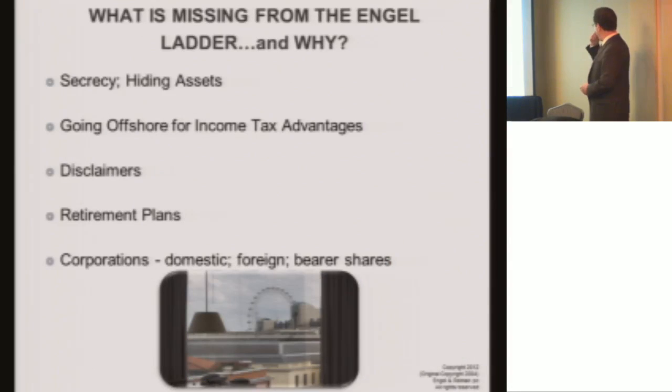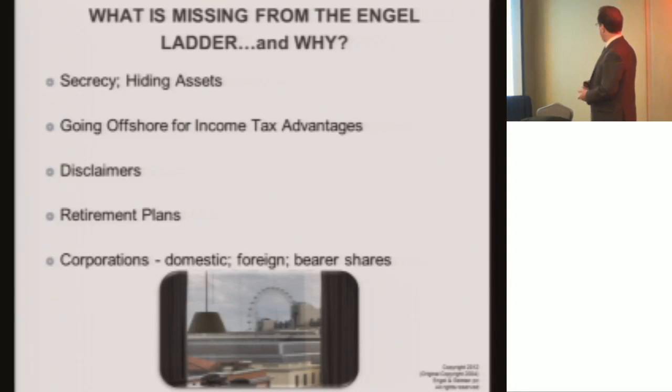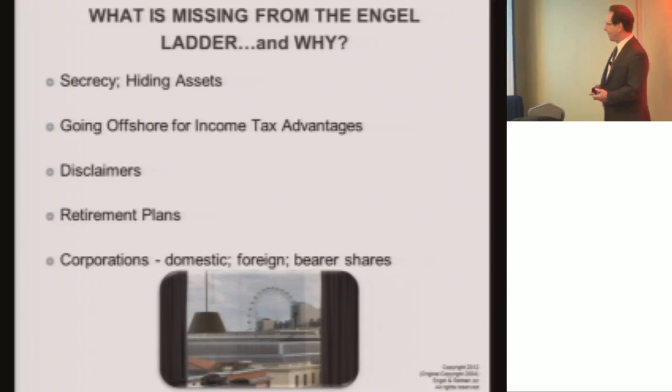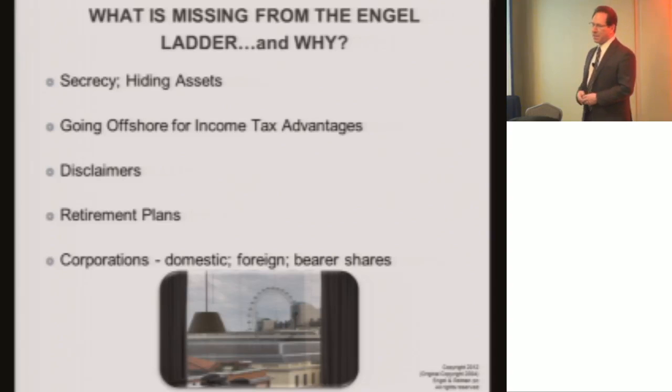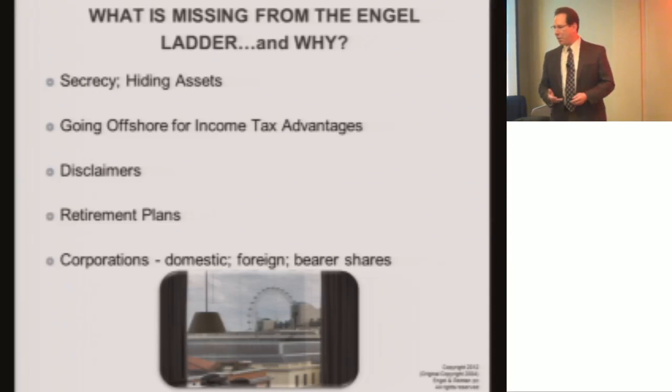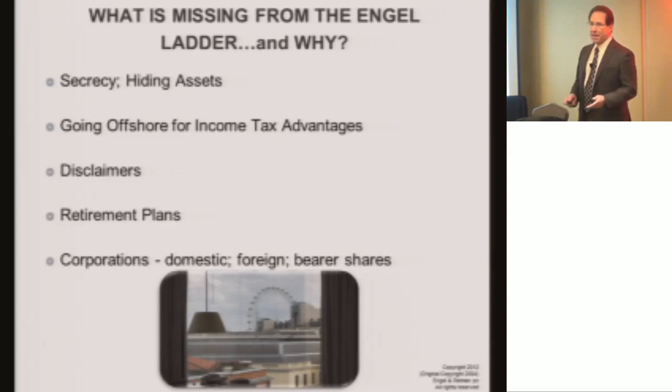Now, what's missing from the ladder and why? Well, I've already addressed, at least in brief for you, secrecy and hiding assets. I've already referenced going offshore for income tax advantages. That's not what we're doing. Disclaimers. I mean, if somebody's being sued and their aunt in Des Moines, Iowa just passed away and left them a $1 million account, it might be possible for them to disclaim an interest in that property and have it pass as if they had predeceased the deceased aunt.